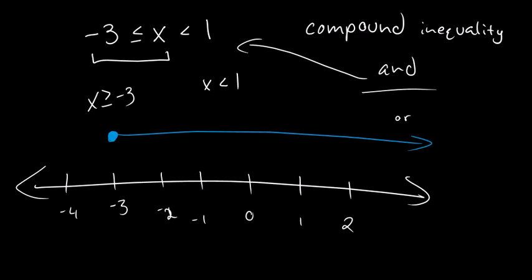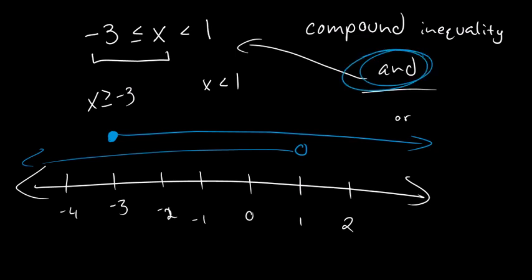And x is less than 1, so that's what x is less than 1 looks like. Since it says and, that means that it has to meet both requirements. So it has to be the overlap of those pieces.